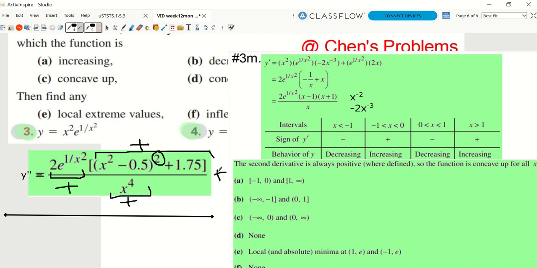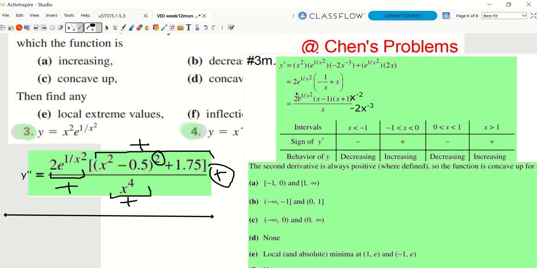So this whole thing is always going to be positive, okay? Because positive times positive on top is positive, divided by positive is positive. So the only place where it's not defined, where you're going to have a possible inflection point, okay? Let me look here.